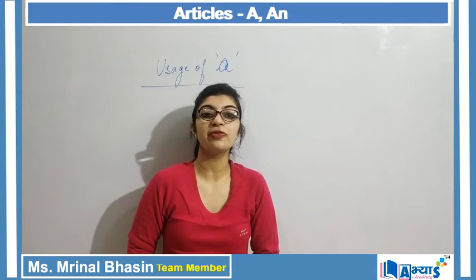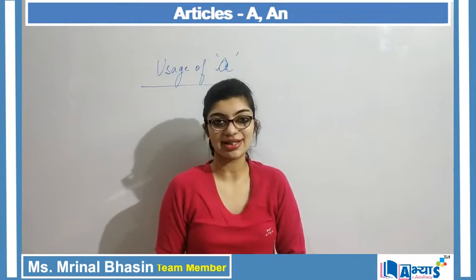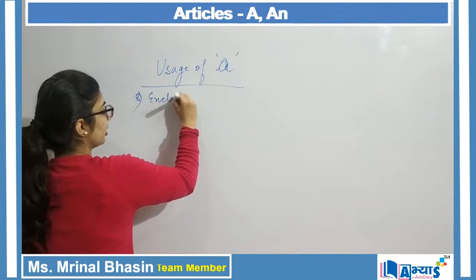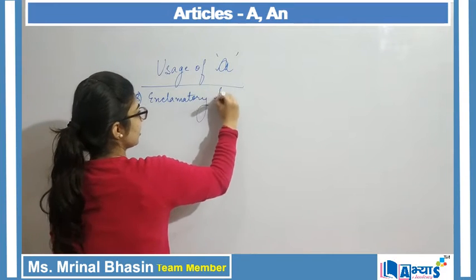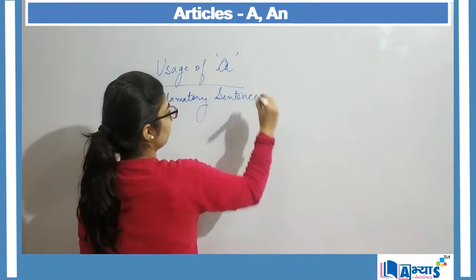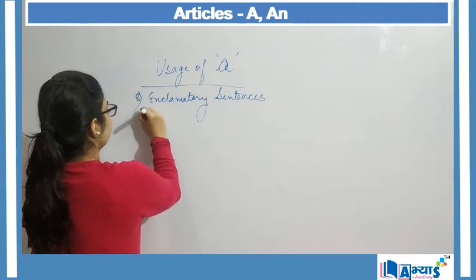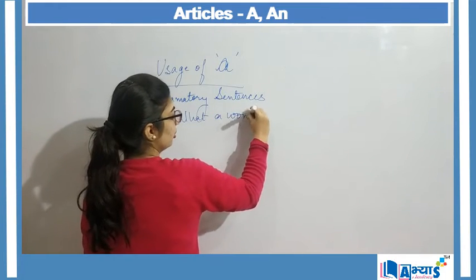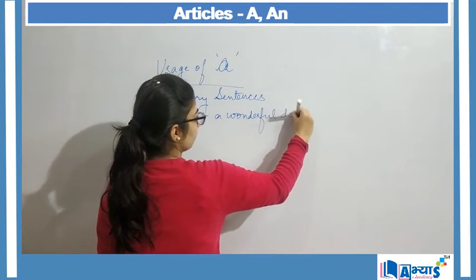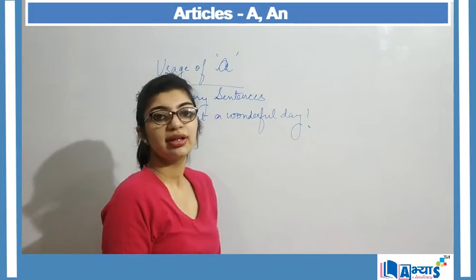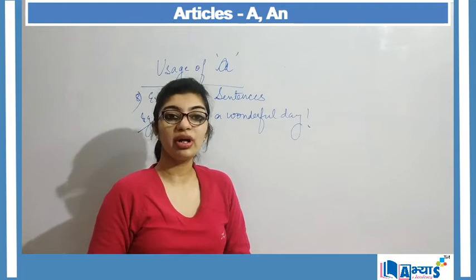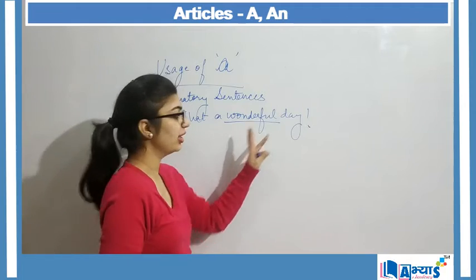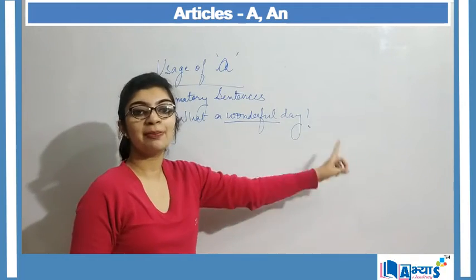Now another usage of a can be in exclamatory sentences. For exclamatory sentences, we mean like, what a wonderful day. Now I said that the articles can be used before an adjective or before a noun. Here I am using it before an adjective, right? Because the adjective is defining my noun.